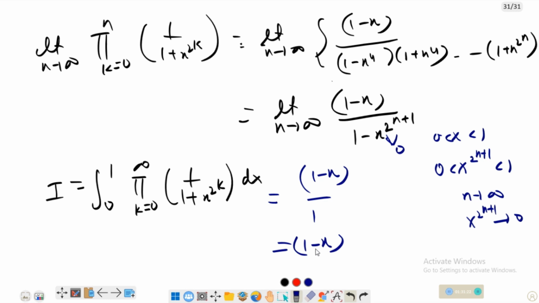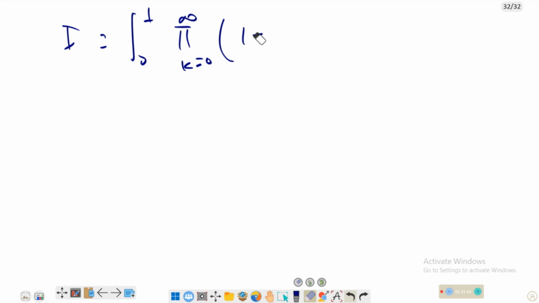so basically we need to calculate the integration of this integral. Okay, so I is equal to the integral from 0 to 1 of the product k is equal to 0 to infinity, 1 upon 1 plus x to the power 2 to the power k, dx.